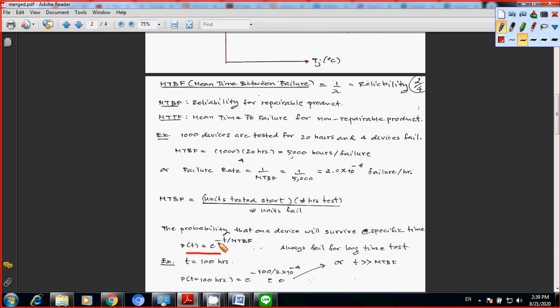And if you do not operate your system or your device at all, that means your t is going to be 0. Your probability that the device is still working becomes 1. That means 100%. It still survives, it's still working, it's still able to operate. So that's very easy, the equation for the probability of survival of your device.